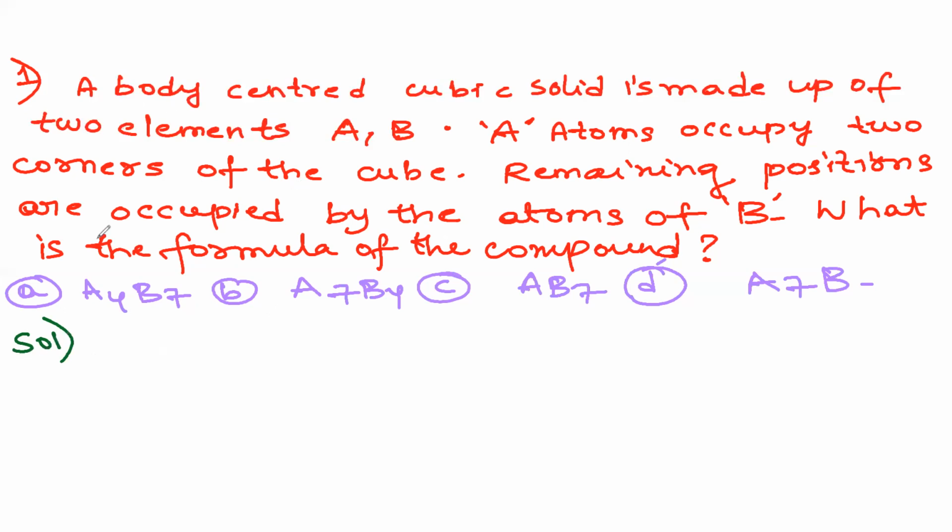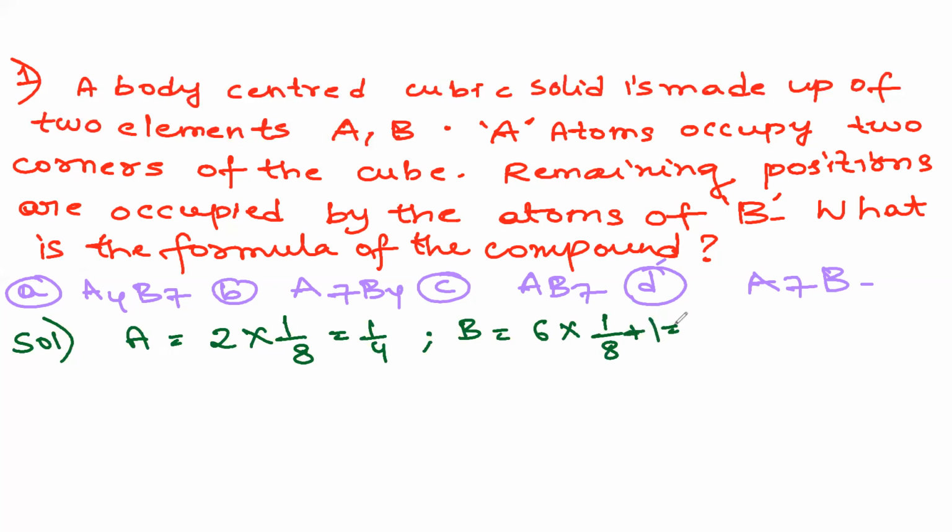A is equal to, since A is occupying only 2 corners, 2 into 1 by 8, that is equal to 1 by 4. And B is equal to 6 into 1 by 8, because of the remaining 6 corners, plus 1 at the center. So that becomes 3 by 4 plus 1, which is equal to 7 by 4.